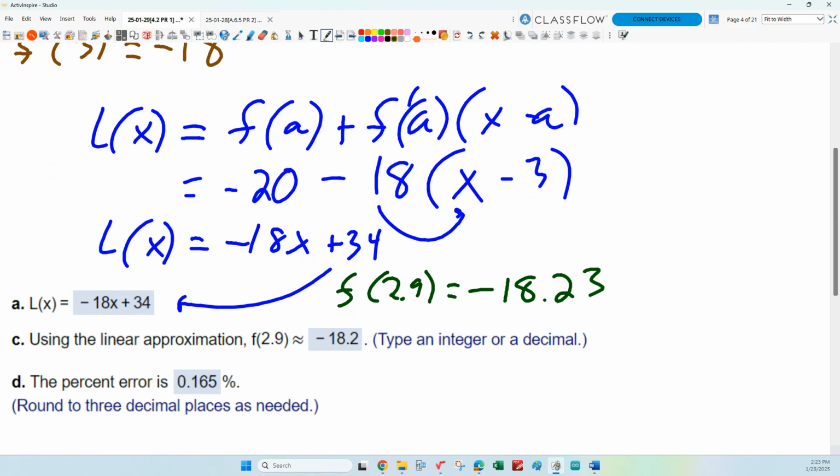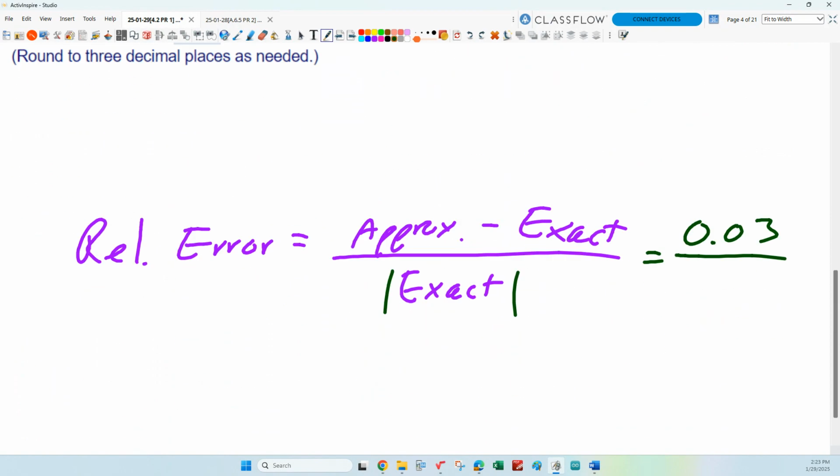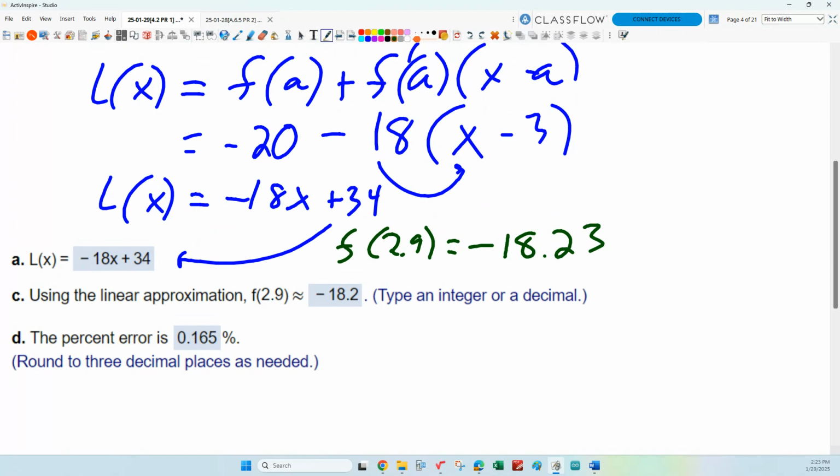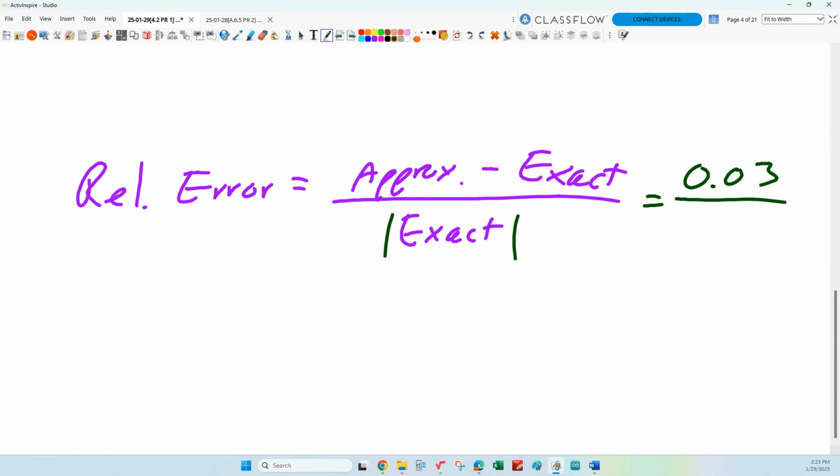Okay. So we get 0.03 divided by the exact, which was 18.23. Absolute value. So what is that as a decimal? Somebody crank that out on your calculator. What is that? You want me to multiply by 100?